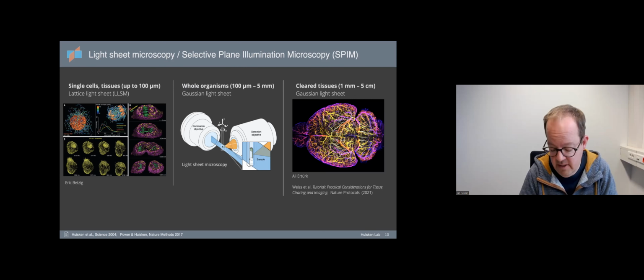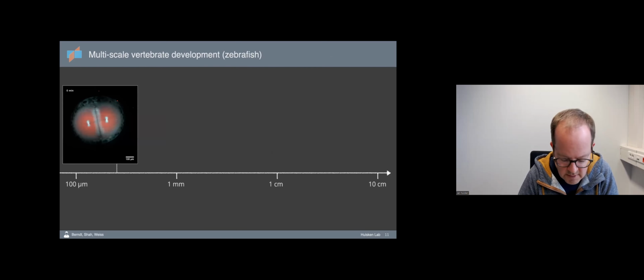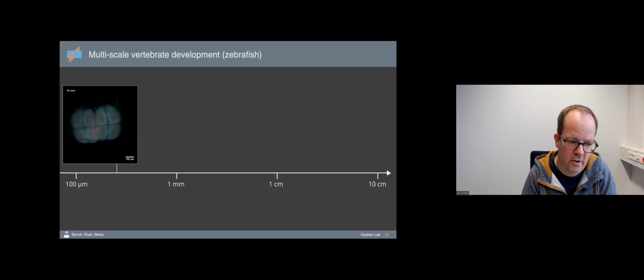are indeed many, many different implementations of essentially the same concept, just different ways of shaping the beam, or different chambers, different lenses, etc. So in my lab, the multi-scale aspect, if you look at the zebrafish, ranges from the first few cell divisions, as is shown here, where you can simply look at the embryo from the top.